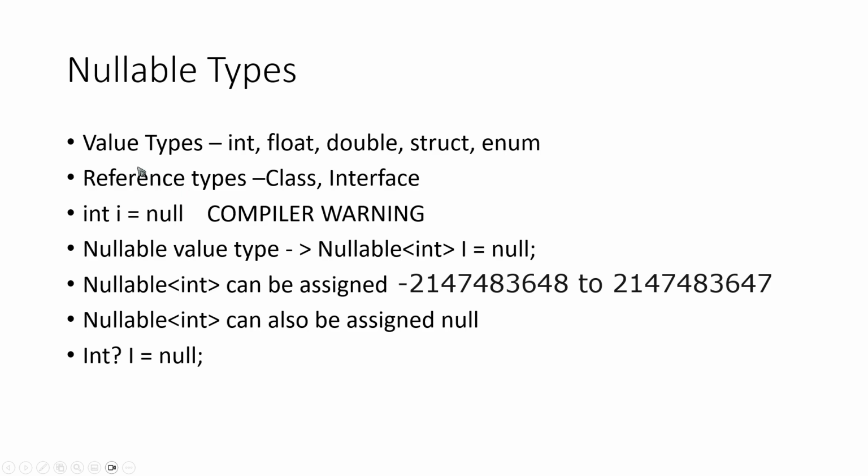In terms of value types, they cannot be assigned the value null. So if I assigned null to the value type int i, I'd get a compiler warning. So nullable types were introduced into C# version 2, I believe, to allow us to assign nulls to value types like these.